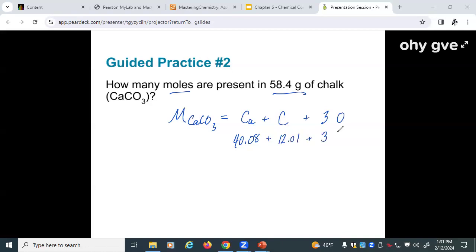And there are 3 oxygens, and each of them is 16. And so the molar mass of calcium carbonate is the sum of all of these. So 40.08 plus 12.01 plus 3 times 16, we get 100.09 grams per mole.